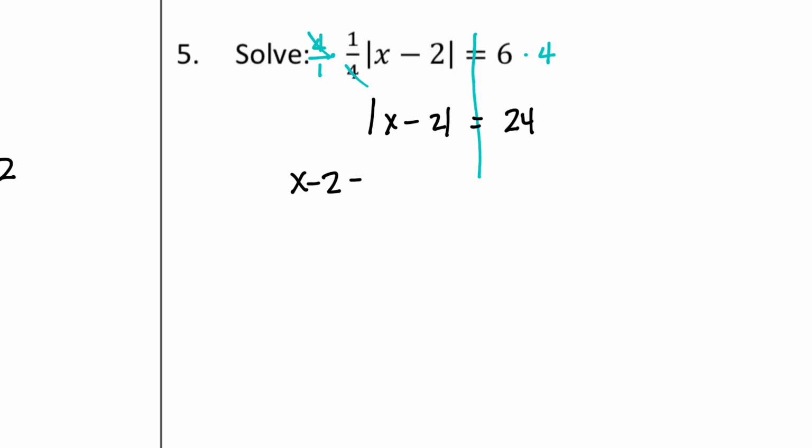Let's split it. So we get to the left is a -24, and to the right is a positive 24. Adding 2 to both sides of both of these, right?